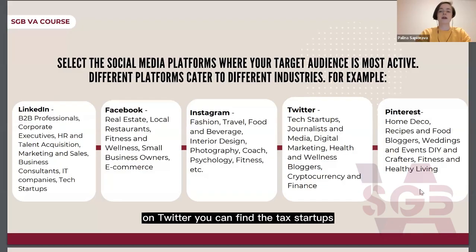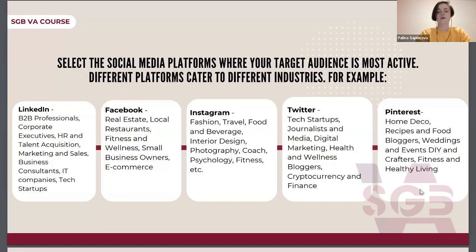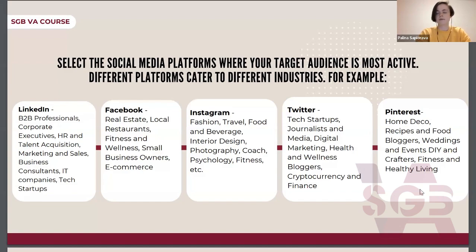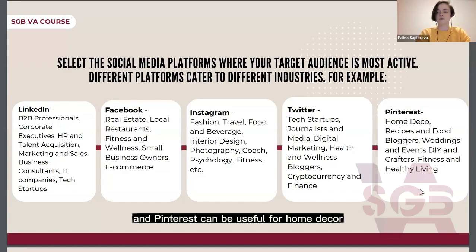On Twitter, you can find tech startups, journalists and media, digital marketing, health and wellness bloggers, cryptocurrency, and finance. And Pinterest can be useful for home decor, recipes and food bloggers, weddings and other events, crafters, fitness, healthy living, and so on.